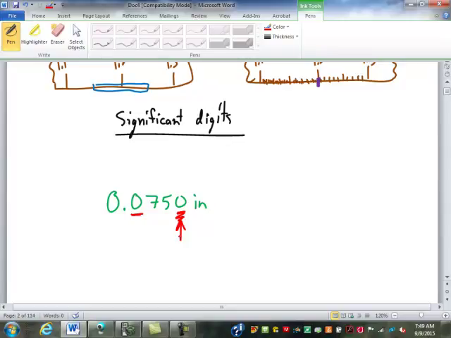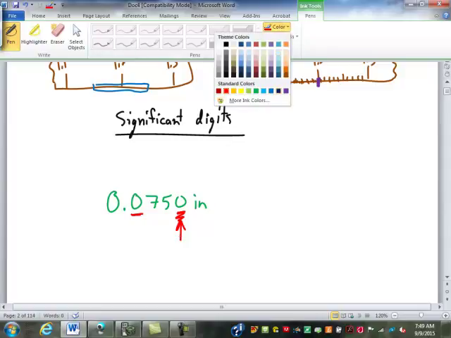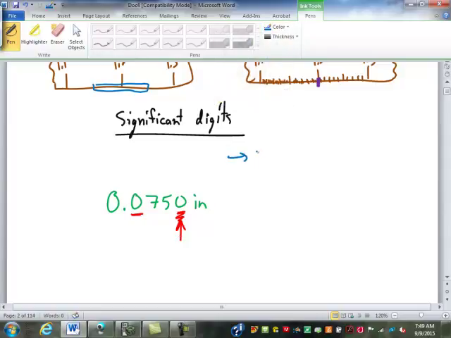When we're talking about significant digits, all non-zero digits are significant. So the 7 and 5 are automatically significant. Zeros are the tricky part.